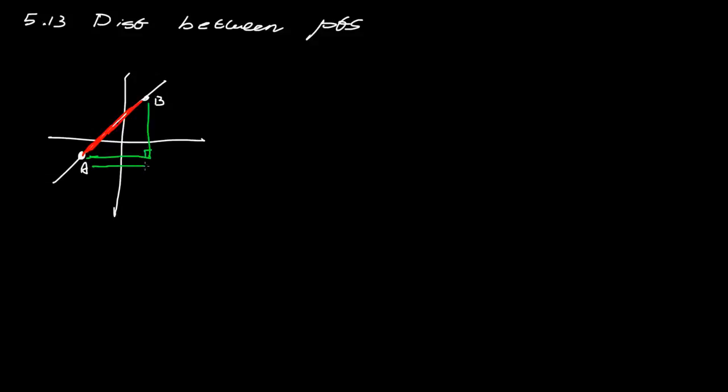So if you can get the length of this and the length of this, then the length of this line here, let's call it R, and these sides A and B. Then from Pythagoras, you know that R is equal to the square root of A squared plus B squared.